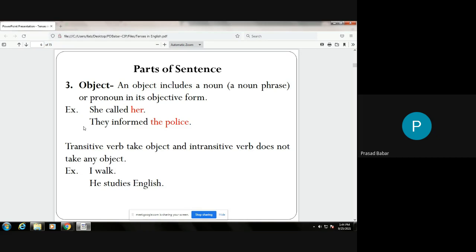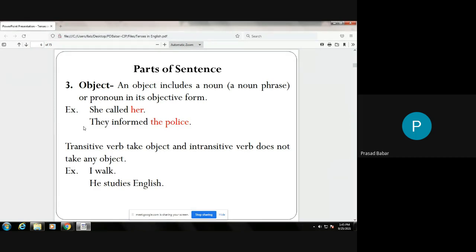If there is a pronoun I, then its objective case will be me. If there is a pronoun we, then its objective case would be us. If there is pronoun you, then its objective case will remain you.